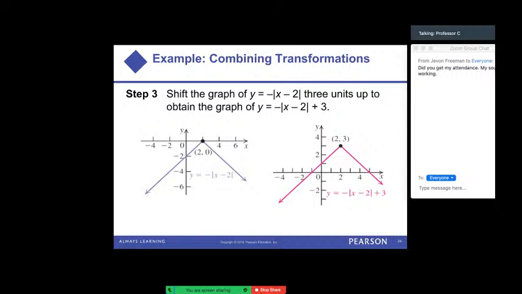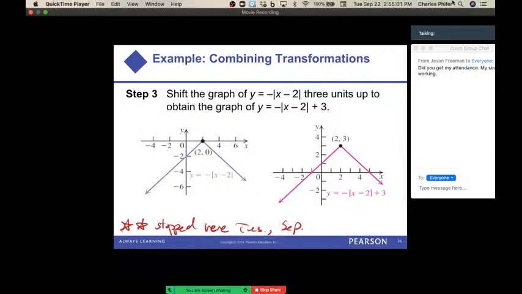So here, let's do this. Let me mark this. And let's use this color. What's today, Tuesday? The 22nd.